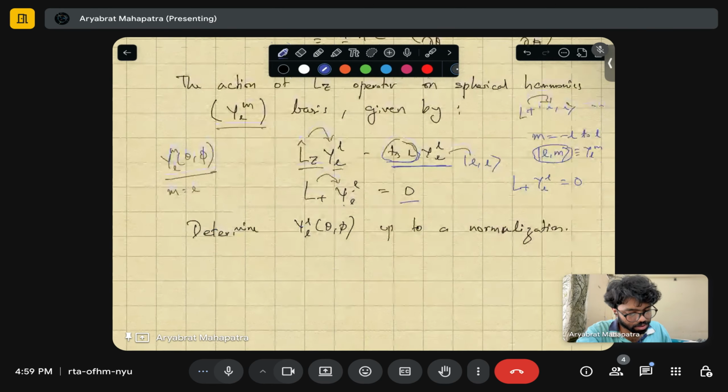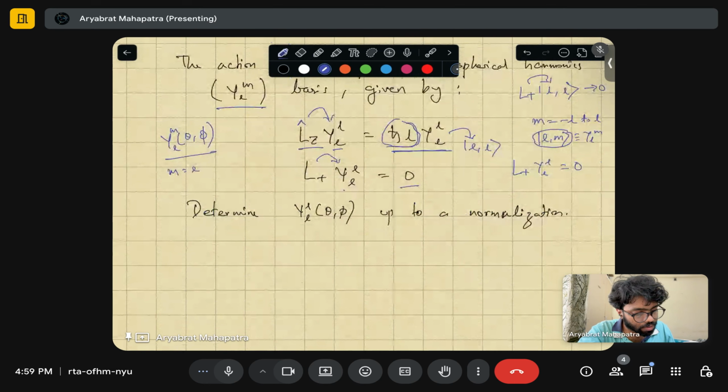So then you have to calculate what YLL is. You have to determine the wave function YLL. To know that, we can start with the action of LZ on YLL, which gives you H bar L YLL.